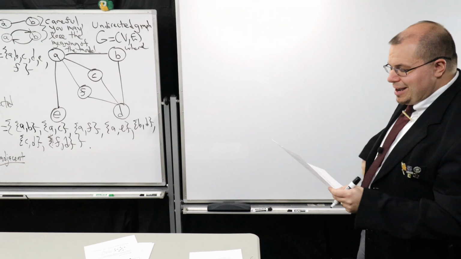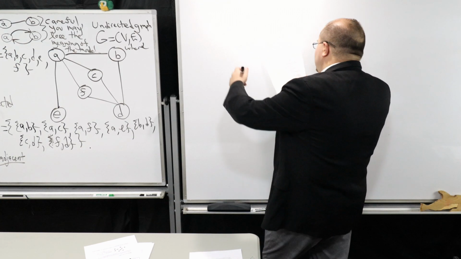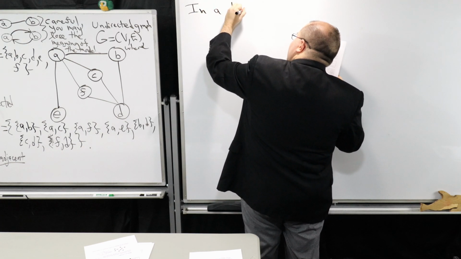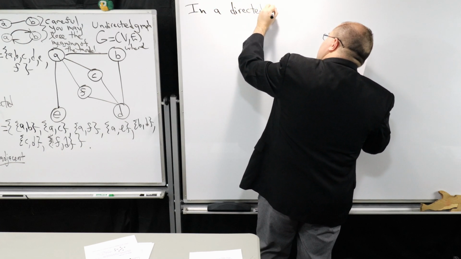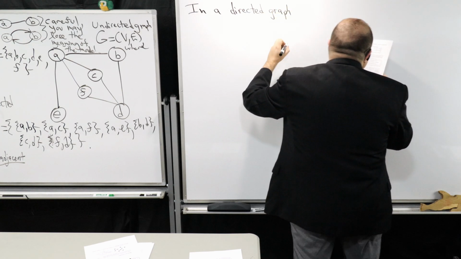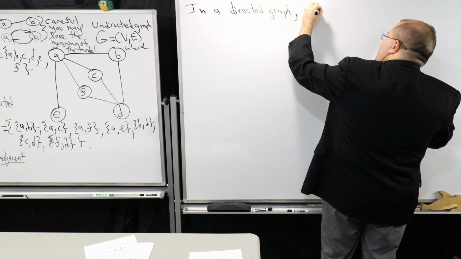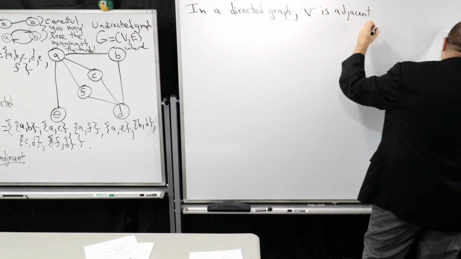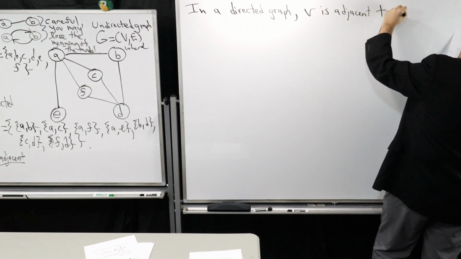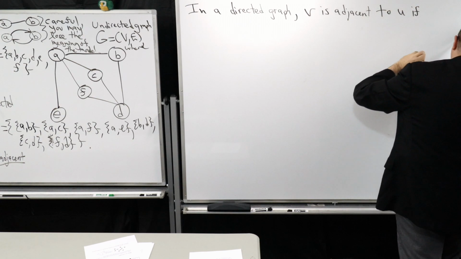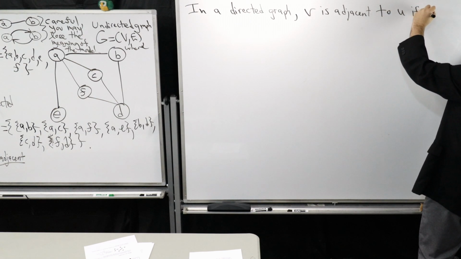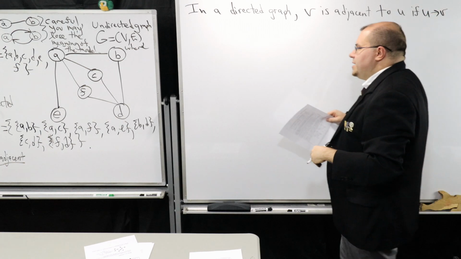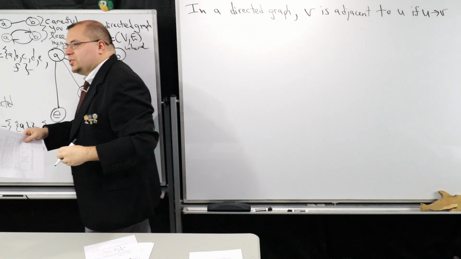So in a directed graph, V is adjacent to U if you have an arc that goes from U to V. So V is adjacent to U if there's an arc that goes from U to V.